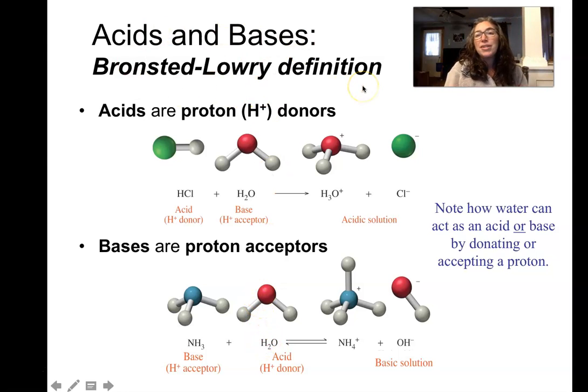So the Bronsted-Lowry definition is that acids and bases are sort of codependent, that when one molecule acts as the acid, the other acts as a base, kind of like redox reactions, where one thing loses electrons and the other gains electrons. So acid-base chemistry is kind of similar to redox chemistry, except what's being transferred is not electrons, it's protons. So they're very similar.